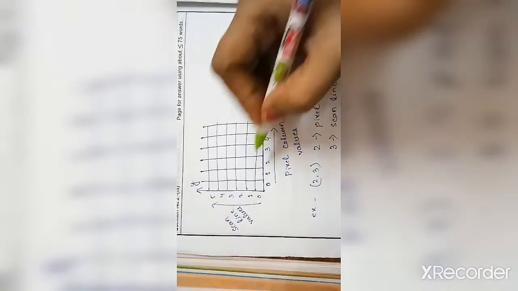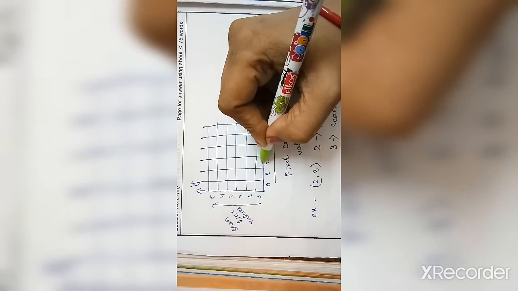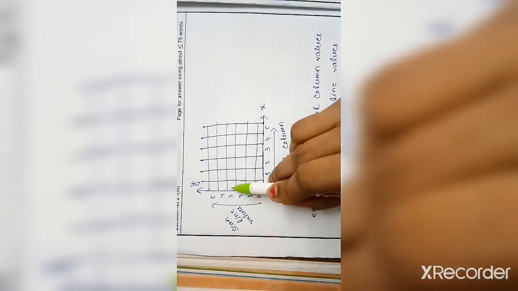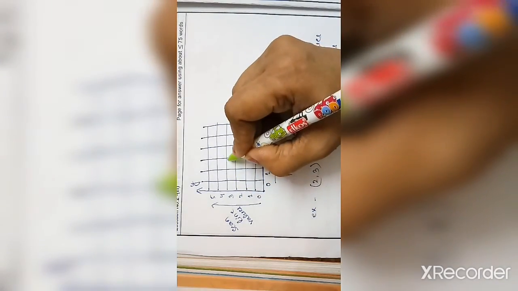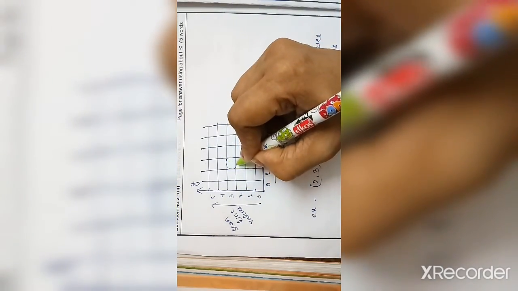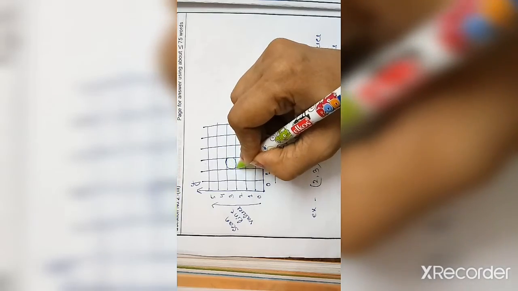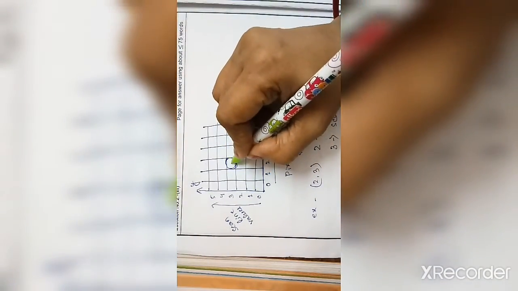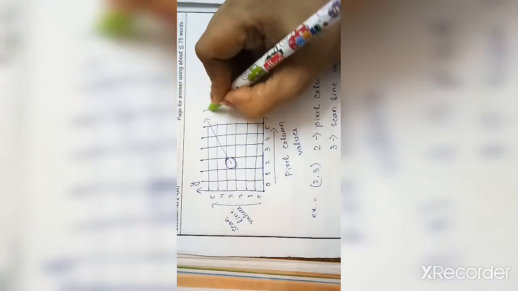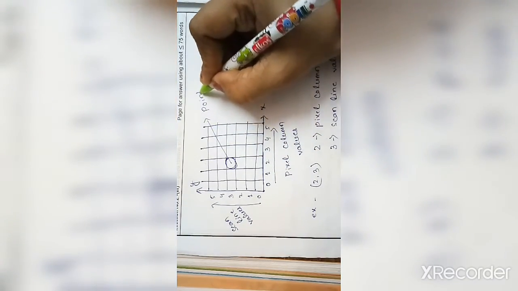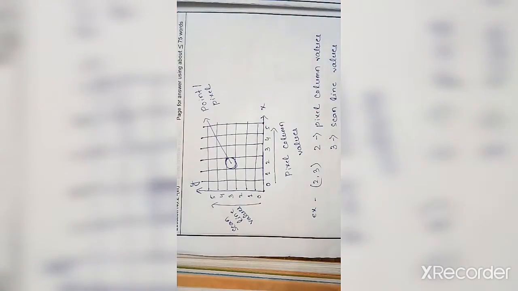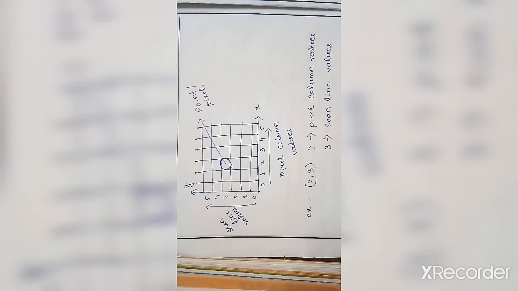The pixel column value 2 is this column, and scan line value is 3. That means the intersection point of pixel column value and scan line value is known as the point or pixel. So in this way we can plot a point.